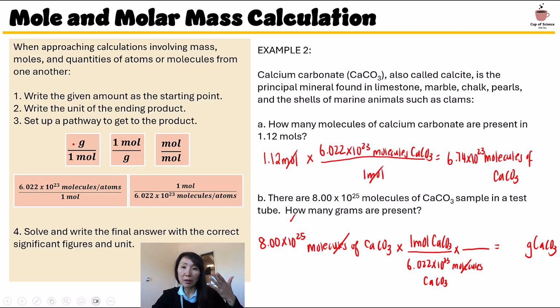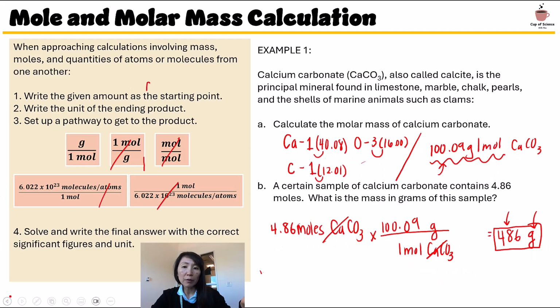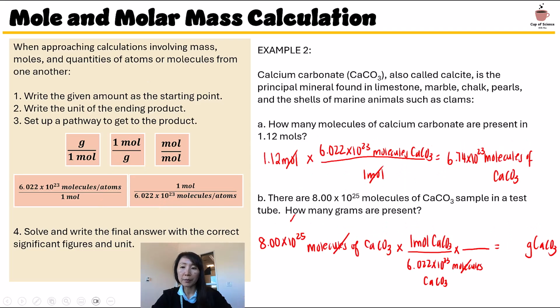That means there is some value you need to put in, and this is grams per mole, which lets me know you have to use the molar mass value. And the molar mass value, if you look in the previous slide, was 100.09. So we're going to use that value. 100.09 grams every 1 mole of that. And that will cancel out moles of calcium carbonate.